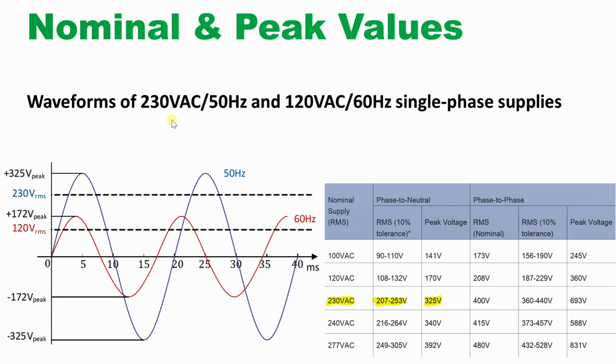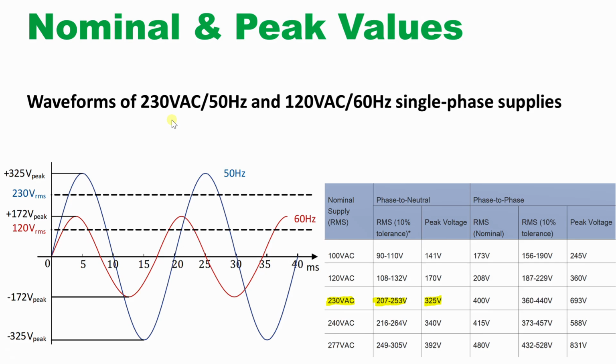From the commercial point of view, the power supply side says nominal voltage is 230 volt, whereas the equipment manufacturer rates his equipment as rated for 230 volt. From this terminology you can understand it. Now come to the picture: what is meant by RMS and nominal voltage?